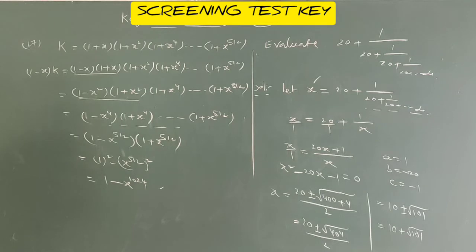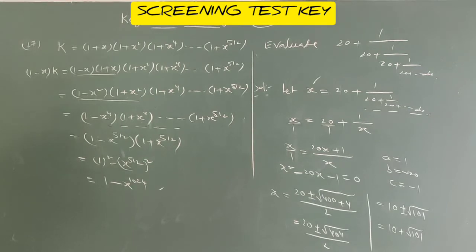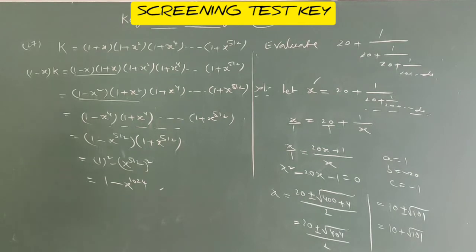These types of problems we already completed in the algebraic part. In surds also we learned this one: root 6 plus root 6 plus root 6 plus and so on, in terms of finite and infinite terms. Here, in fractional form, the process is the same.